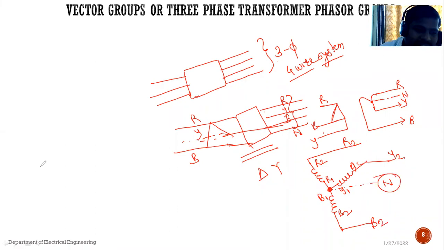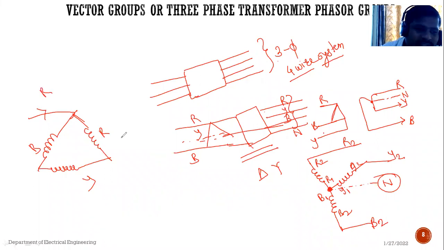In case of delta, see whether a neutral connection is present in delta. Whether the neutral connection will be present in case of delta? No. See, this is R phase, this is Y phase, this is B phase. The common between these two, one terminal can be taken. Suppose this is R, common between R and Y is taken. It is nothing but Y. Common between B and Y is taken.